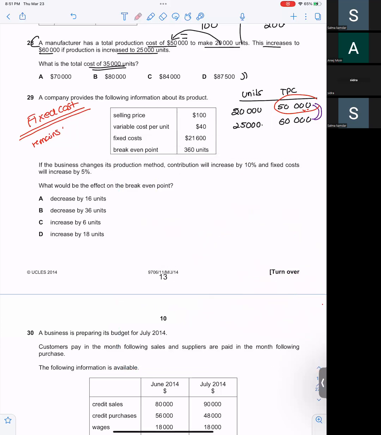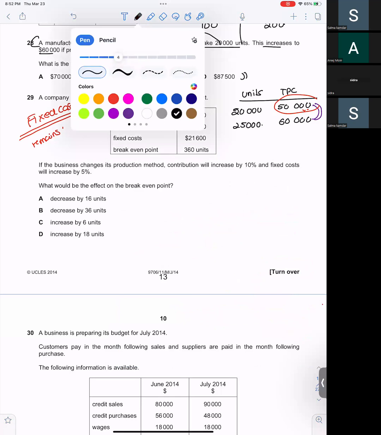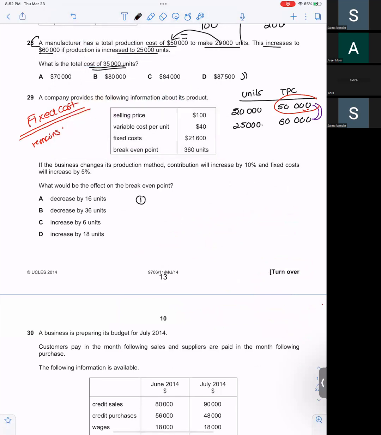What is the first thing that you will find out? The total variable cost per unit included in the total production cost.